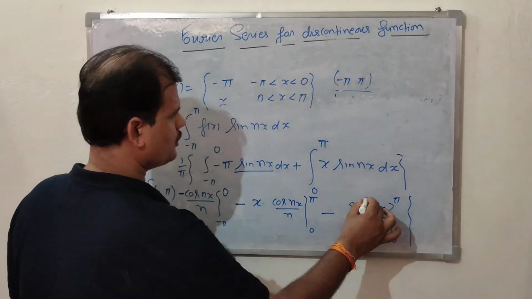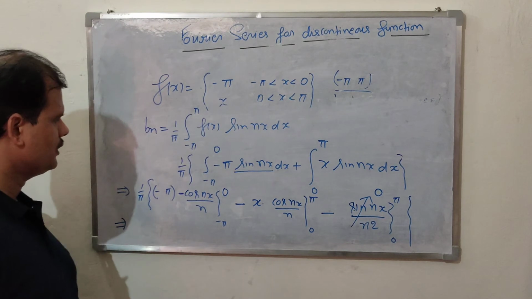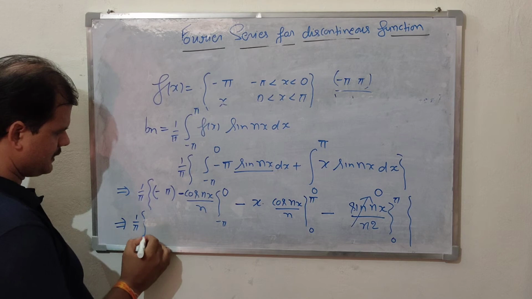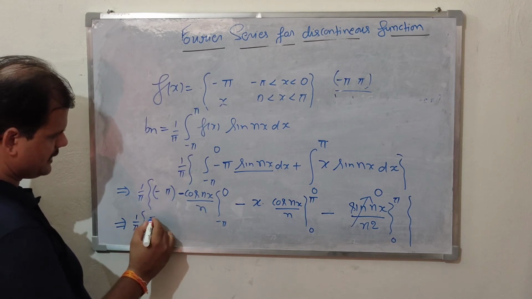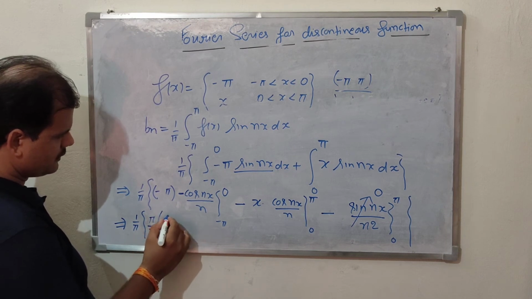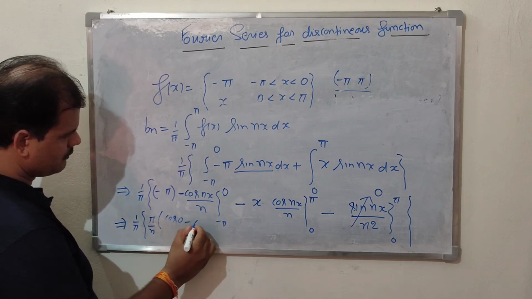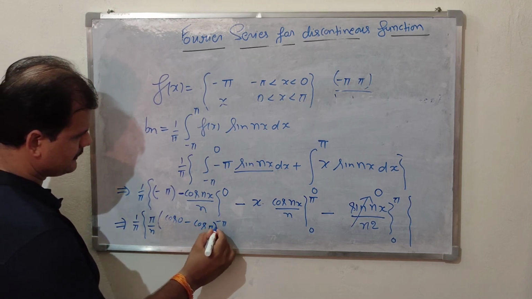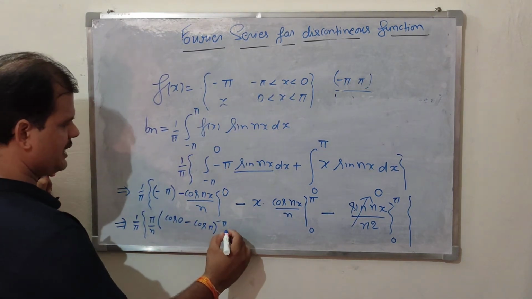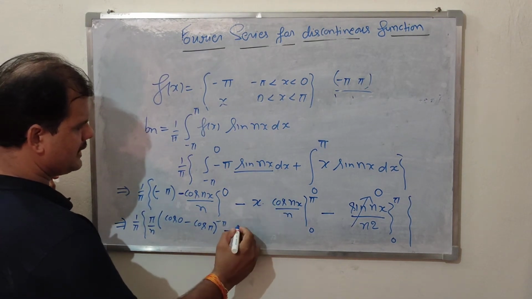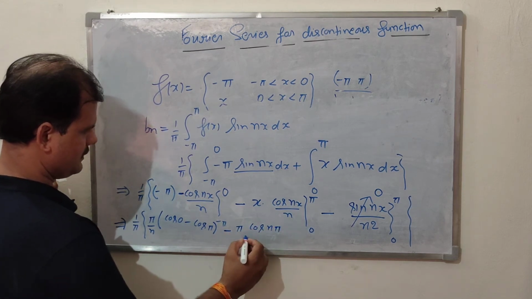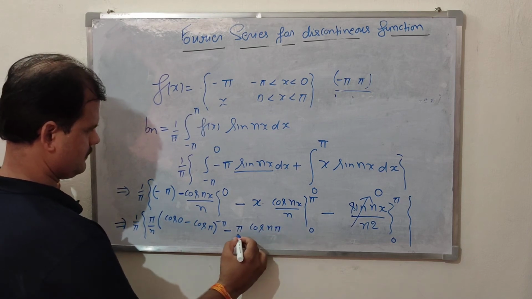So the sine term will be 0 because of sine pi and sine 0. So here the first term 1 by pi, and here plus we have pi and cos 0, so pi by n we can take common. So we have cos 0 minus cos pi. Fine. Cos 0 minus cos pi, and for this we have one term minus pi and cos n pi by n.